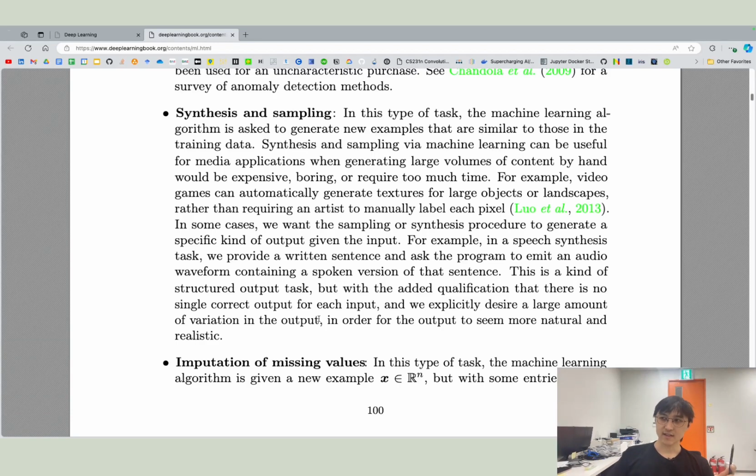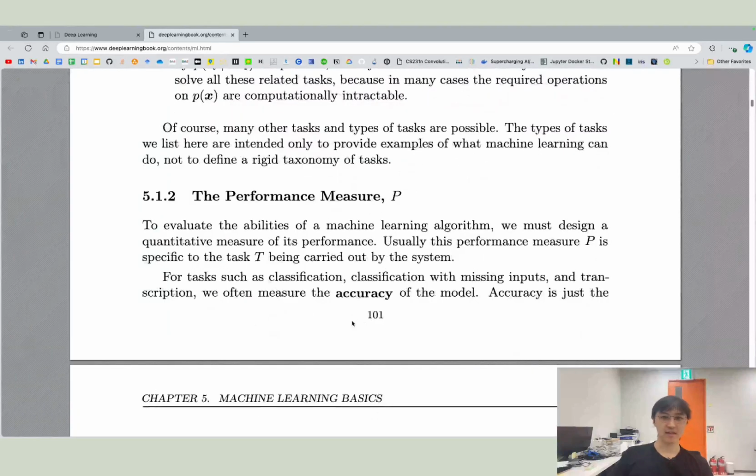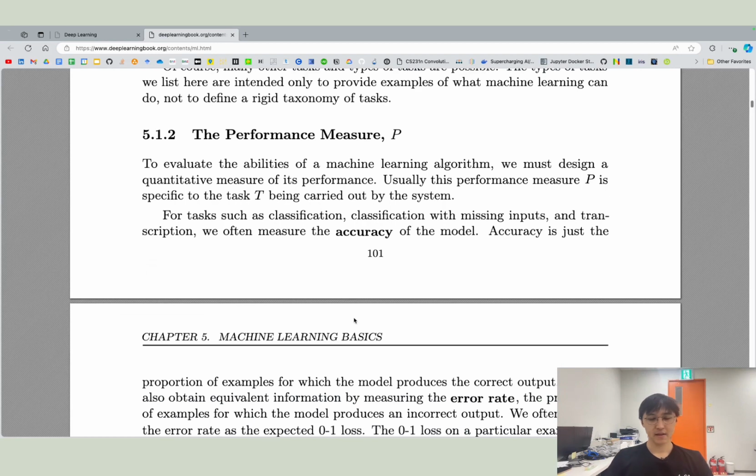Okay, we covered task. Now we should cover what P stands for, performance. You have a computer system, it does a task, and you should measure how well it is doing that task.